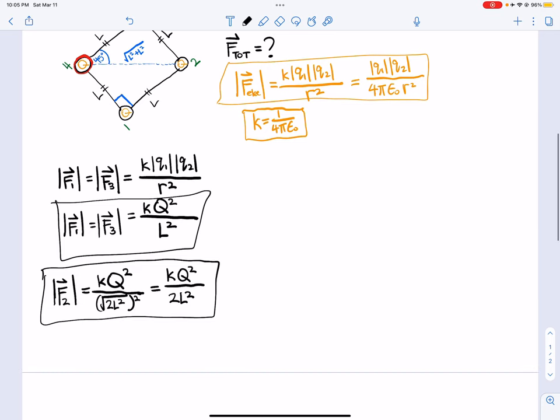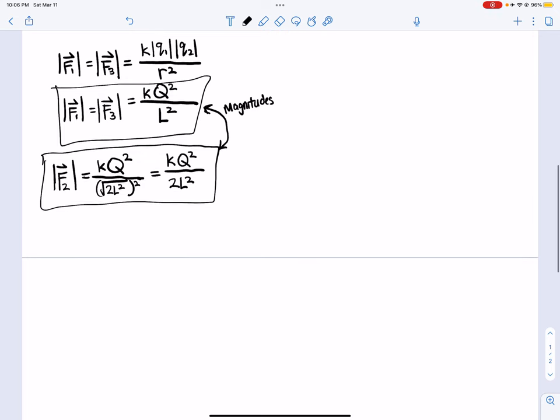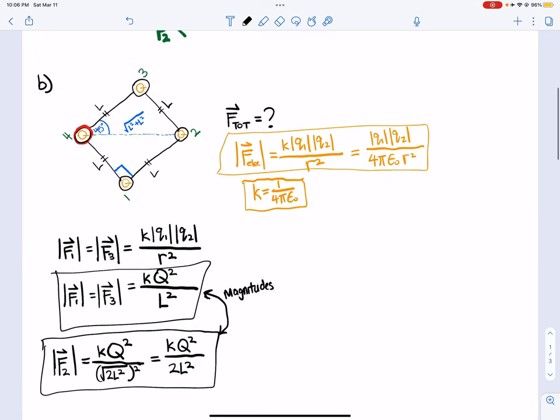Now let's find the vector for them, okay? So these are the magnitudes, right? Now the vector, actually I'll write this down here. So for the vector of force 1, that's the force acting on charge 4 from charge 1, okay? That's this guy.